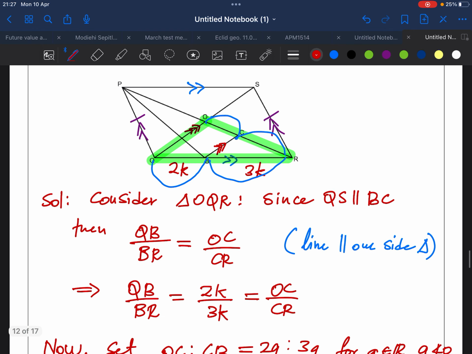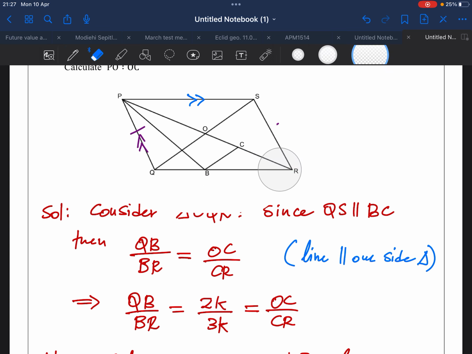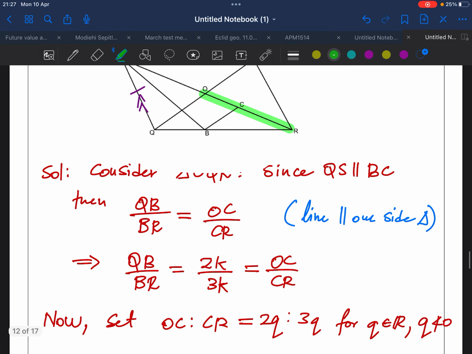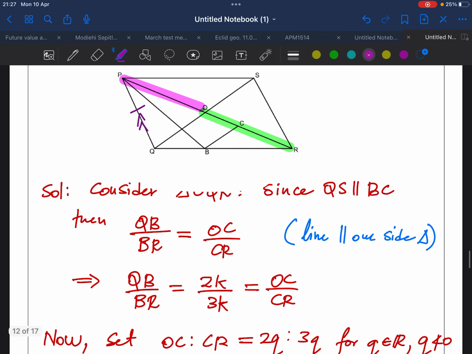Let us check our sketch. OR, what is OR? This is our OR. Let me just highlight that OR. OR is equivalent to OP.